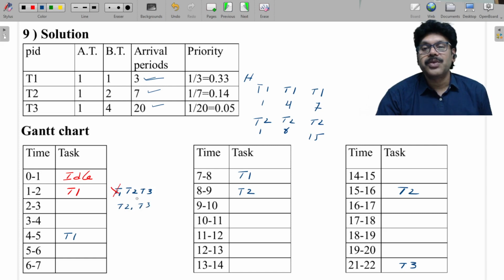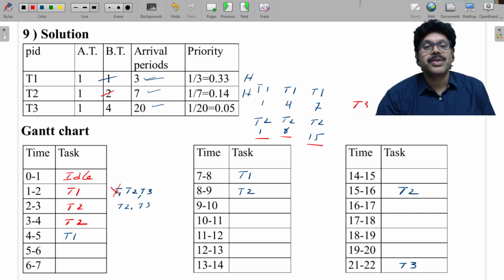Between T2 and T3, T2 has the next highest priority. T1 only needs 1 unit, but T2 needs 2 units, so T2 executes 2 units and then disappears. It will come again after T1.